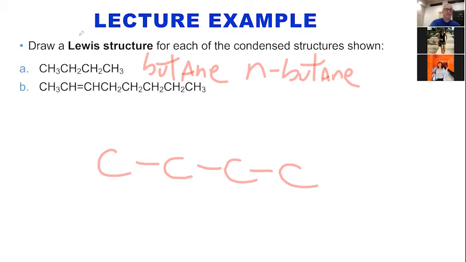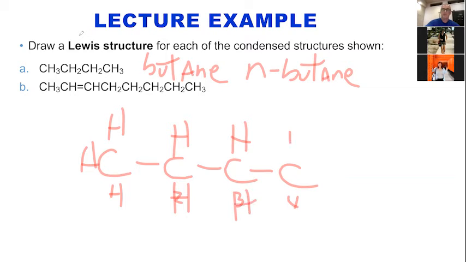So I have carbon 1, 2, 3, 4. And you can see carbon 1 only makes a single bond, so it has room for 3 hydrogens. Carbon 2 is making 2 bonds, so it has room for 2 hydrogens. And the same with carbon 3. And then carbon 4 is making only 1 bond, so it has room for 4 hydrogens. So that would be the simple Lewis structure for butane.